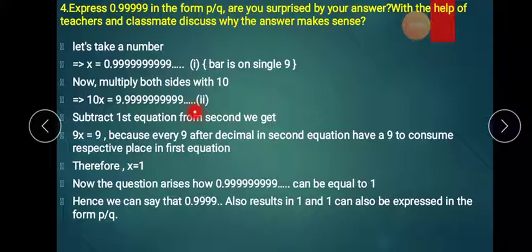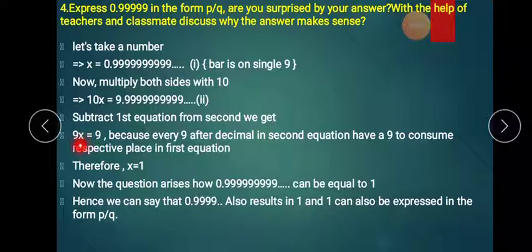Now let us subtract 2 minus 1. So 10x minus x is 9x, and 9.999 minus 0.999, you will get the answer as 9.